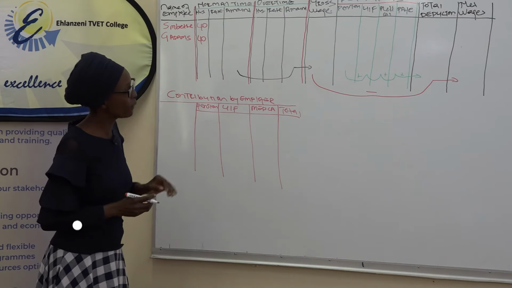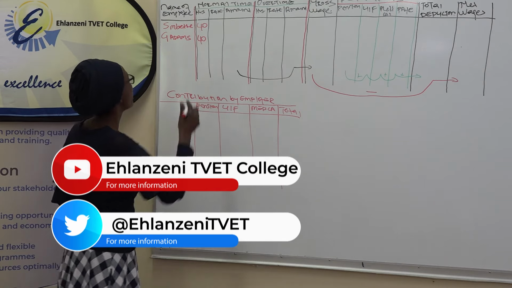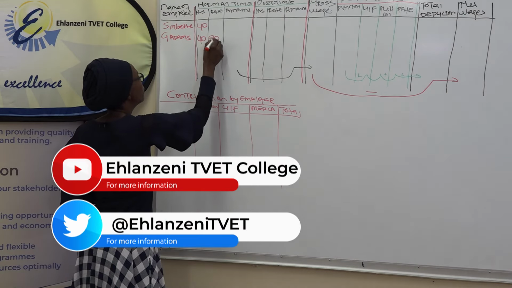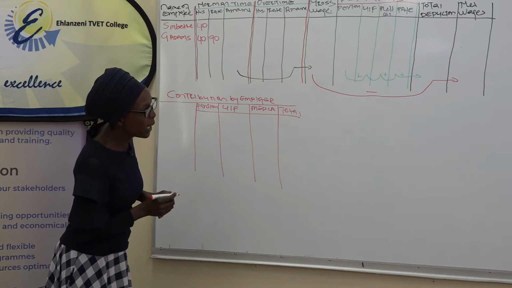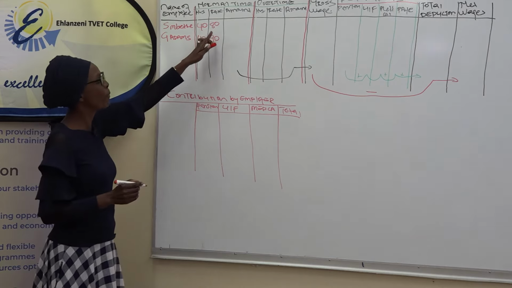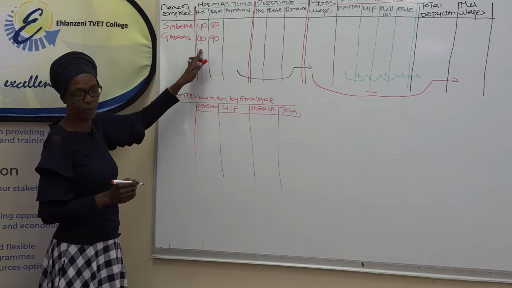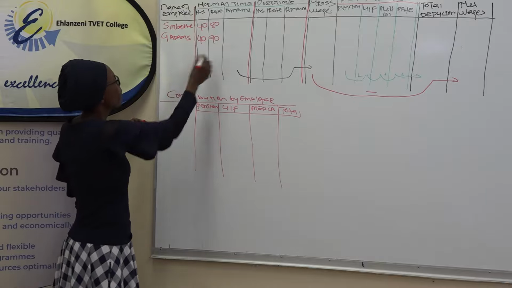Then the rate for normal time for Adams is 90 rand. For Mbete is 80 rand. This 80 rand is per hour, 90 rand per hour. He worked, or she worked, 40 hours. Okay, we have to multiply.